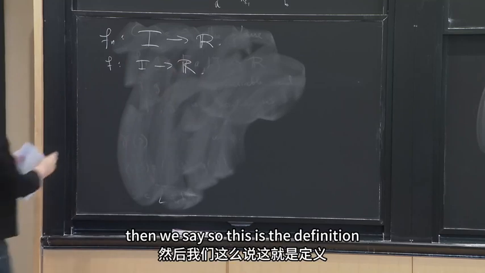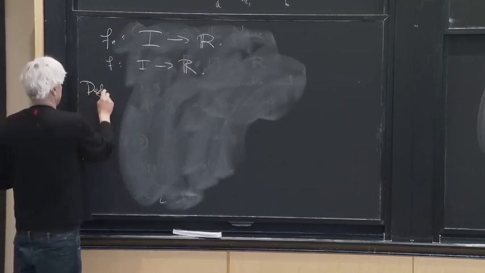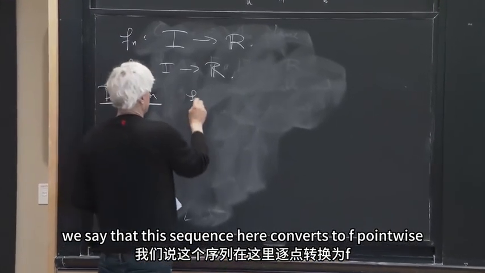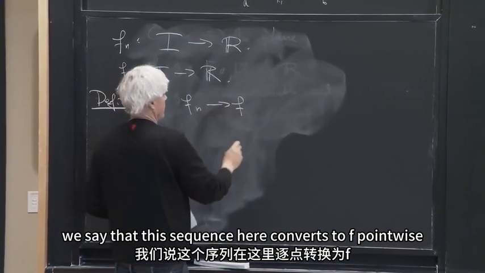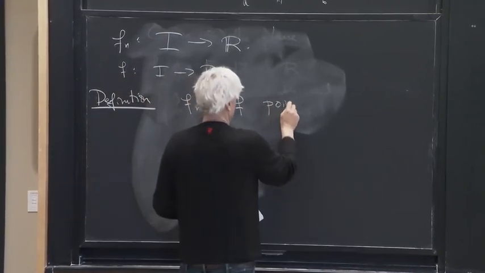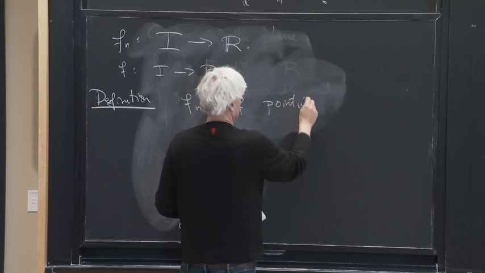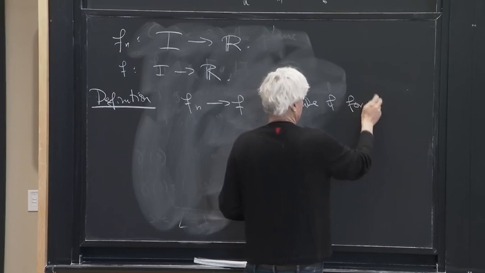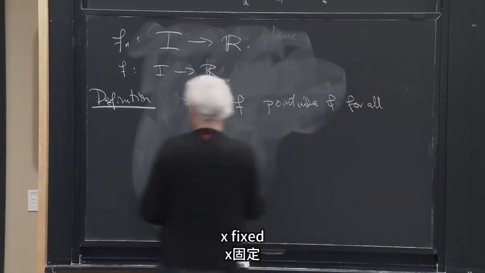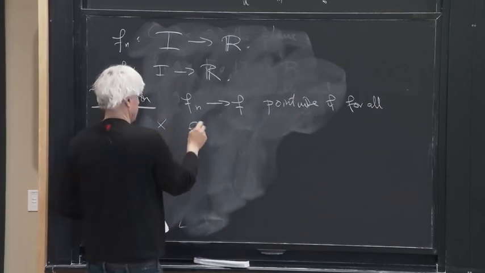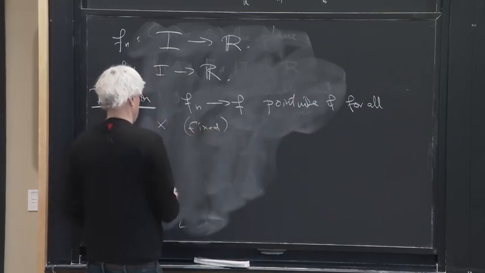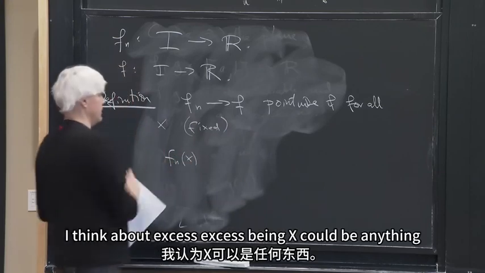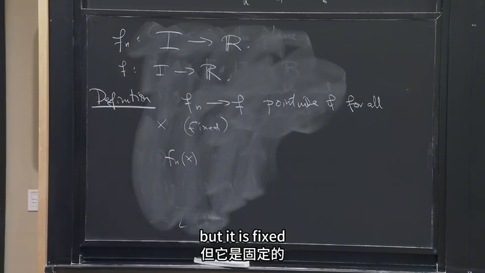Then, this is the definition, we say that the sequence converges to f pointwise if for all x fixed, you're looking at this sequence. x could be anything, but it is fixed.